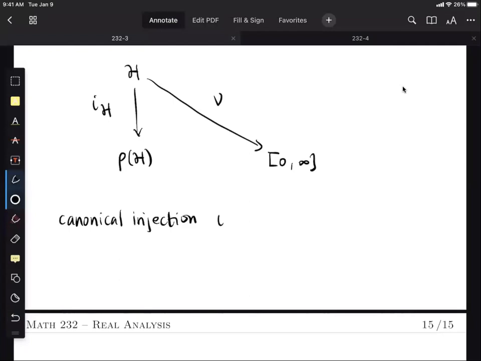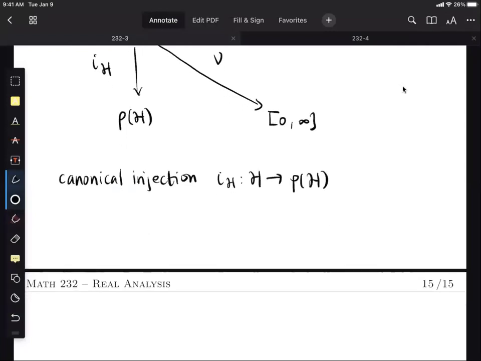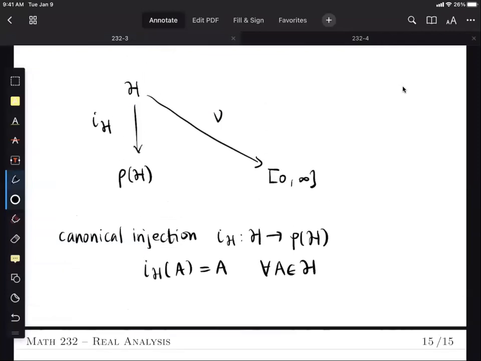So the canonical injection i_H from H to rho of H would be defined as follows. So this is basically the identity map. However, the codomain is not the domain, only a subset of it. Well, this is indeed well defined because H is contained in the ring generated by H. So that's the canonical injection. So think of it as an identity map from a subset to the larger set.